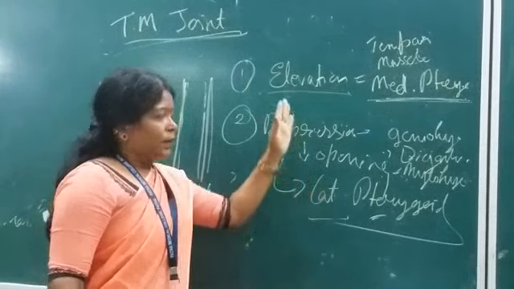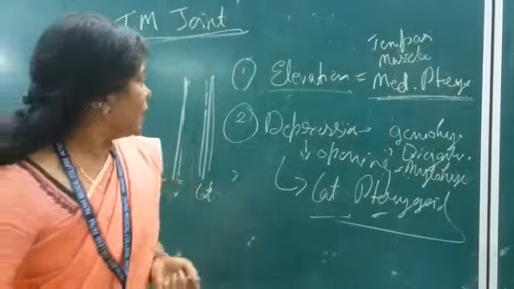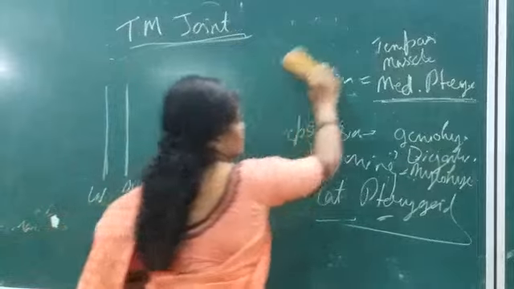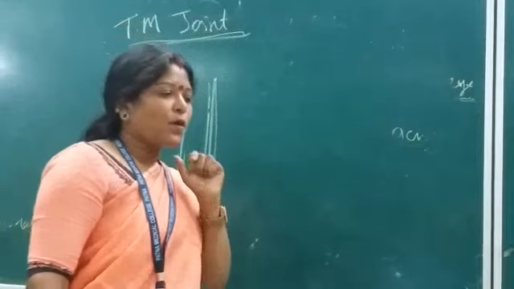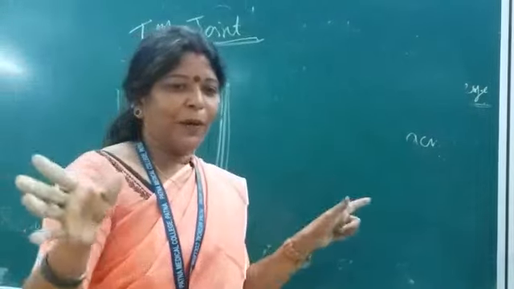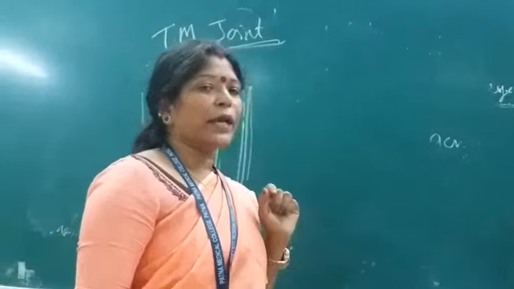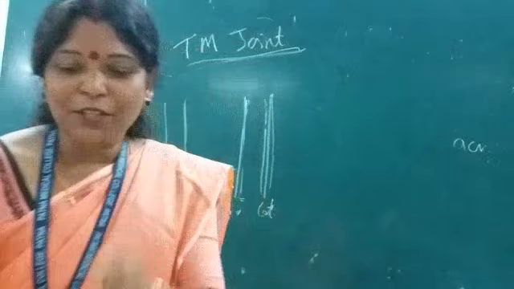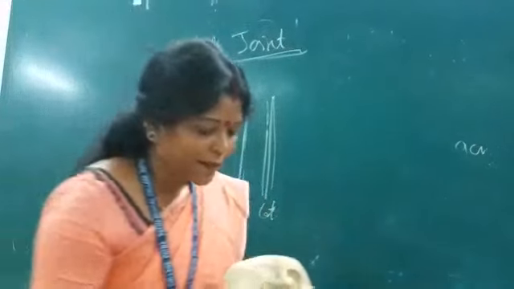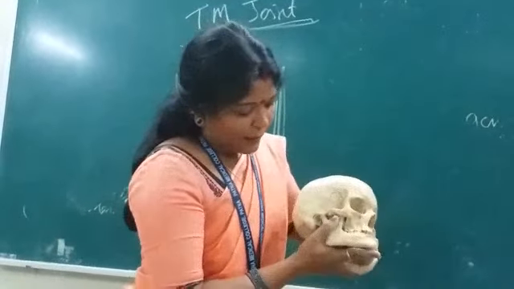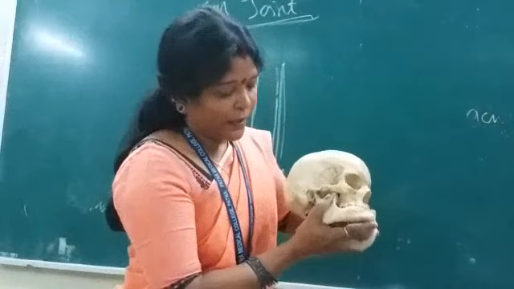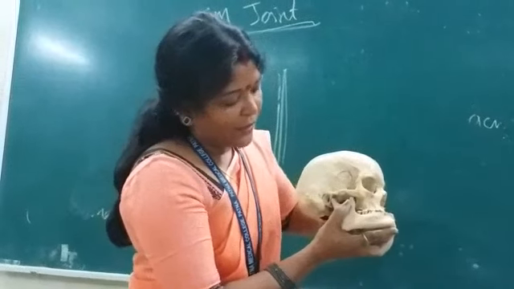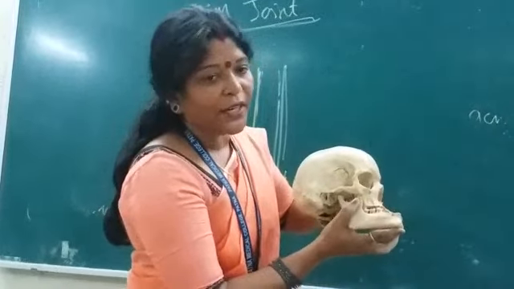Now, elevation and depression. Then what comes? Suppose when you tease anybody, you protrude your jaw like this. What is the action? This is known as protraction. That means the intra-articular disc is moving, and the condyle is moving anteriorly.